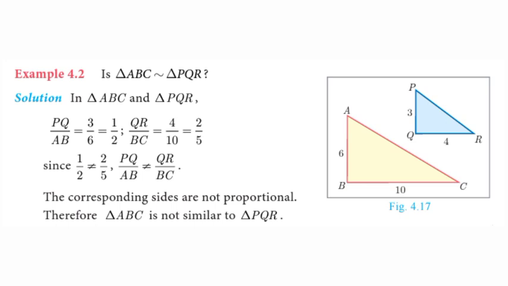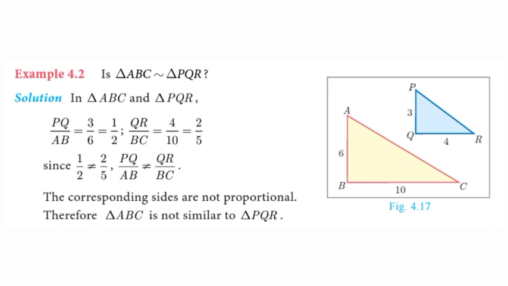Okay. Next, the second corresponding sides BC and QR. Therefore QR divided by BC equals, what is QR answer? Yes, 4. BC value is 10. That is 2 2s are 4, 5 2s are 10. So QR divided by BC value equals 2 by 5.